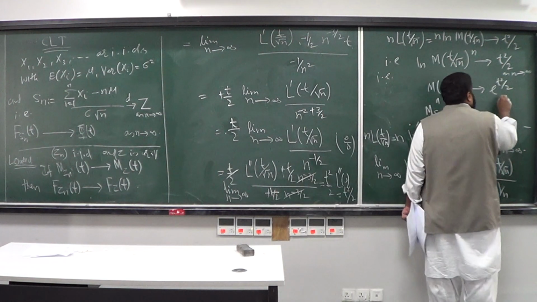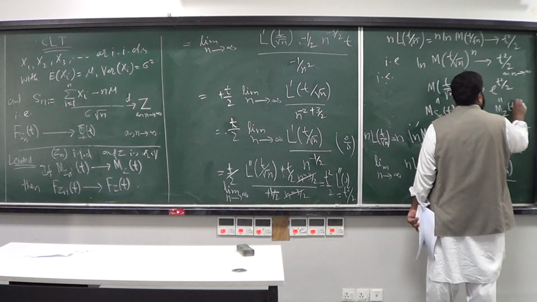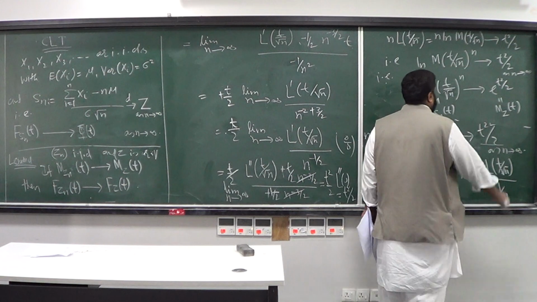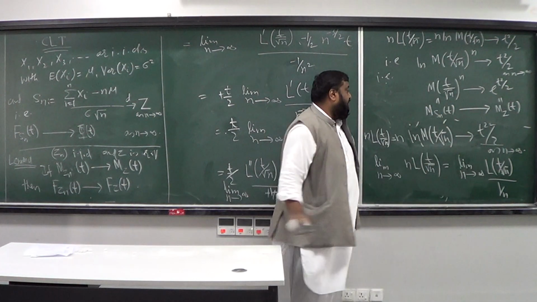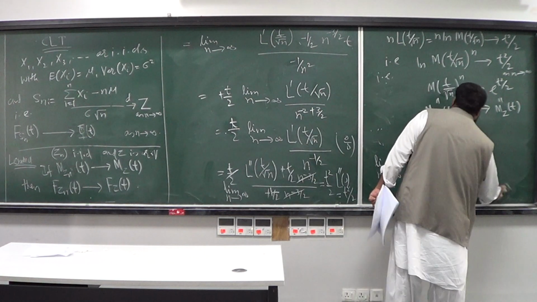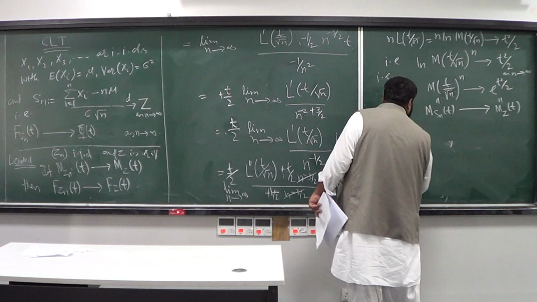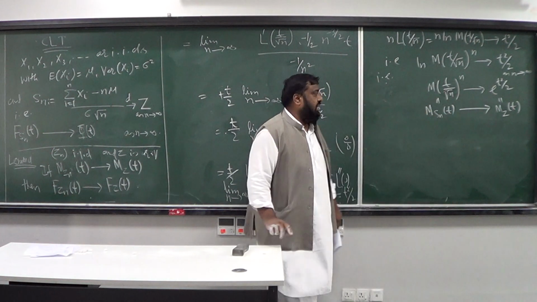And this is precisely equal to the moment generating function of the standard normal distribution. So we proved that the moment generating function of Sn converges to the moment generating function of a standard normal random variable.